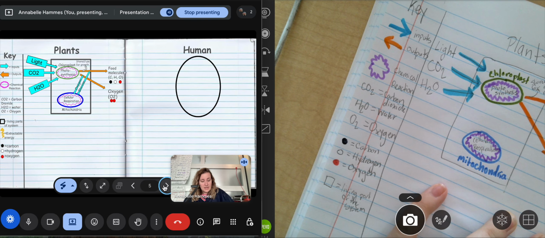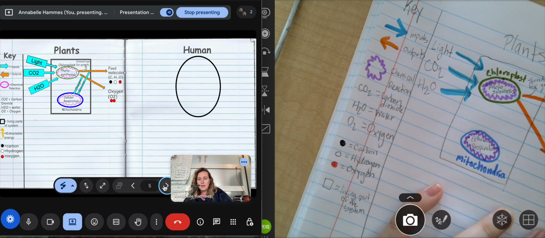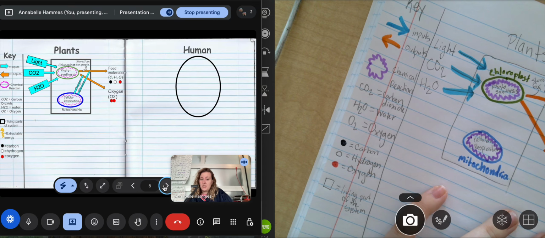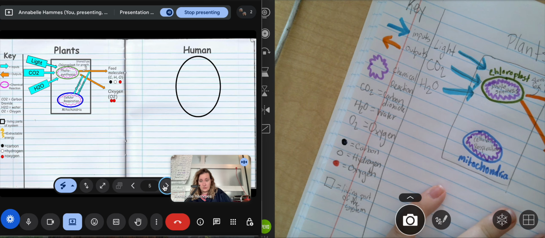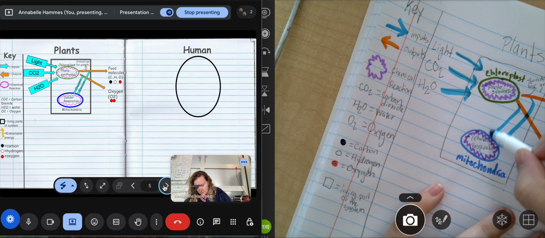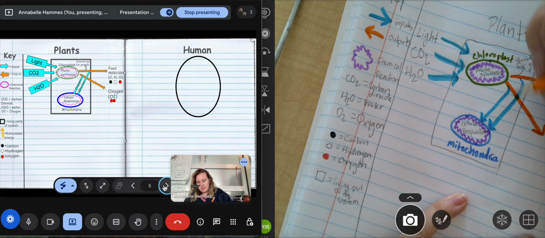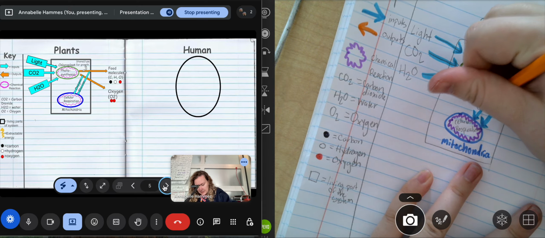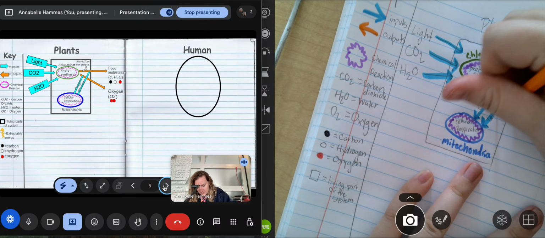Okay, but then at the same time, I think this is the right blue, sometimes our oxygen and our food molecules go right into the mitochondria instead of leaving the plant or used. So we're gonna do a little maneuver in here. Okay. So this is obviously oxygen, and this is glucose.